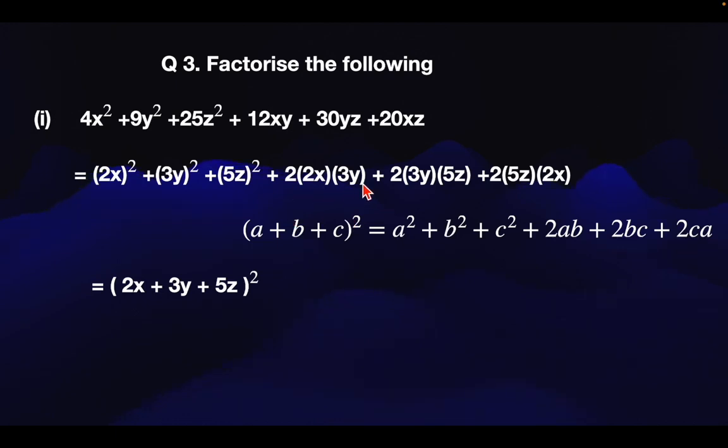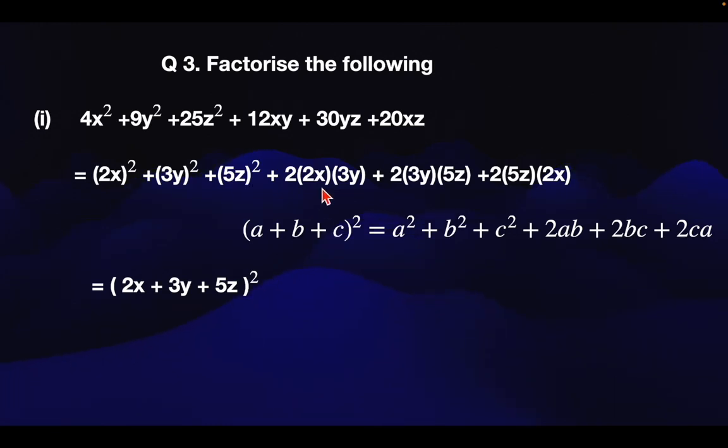Can you see this? Now when you compare this, if you factorize this expression, you get a plus b plus c the whole square. So here a is 2x, b is 3y and c is 5z the whole square.